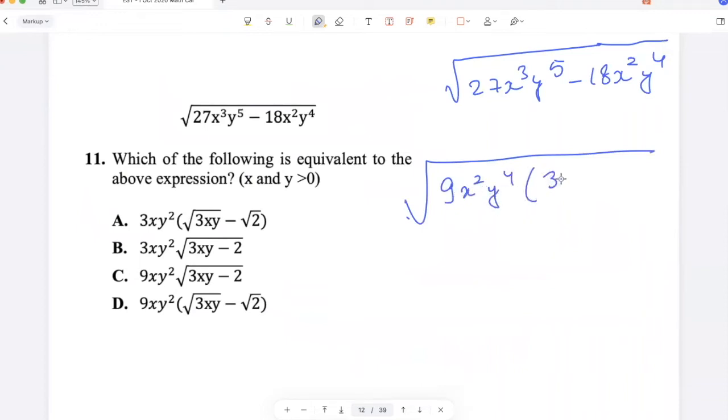So 3xy minus 2. Okay, so if I take this outside the square root, I get 3xy square root of 3xy minus 2. So 3xy squared square root of 3xy minus 2, option B.